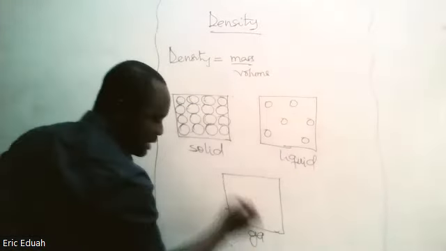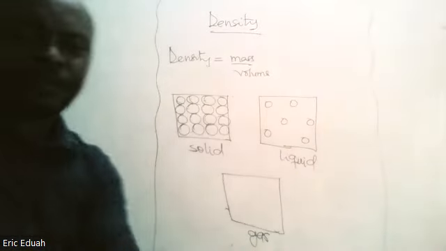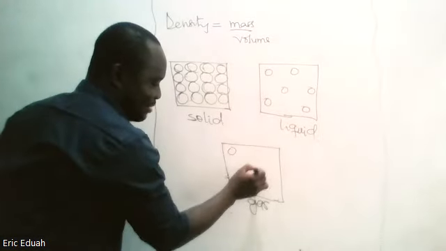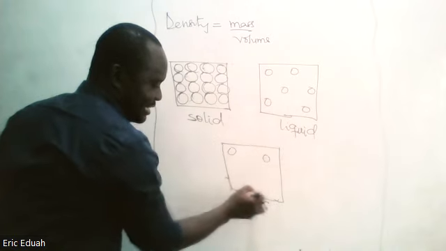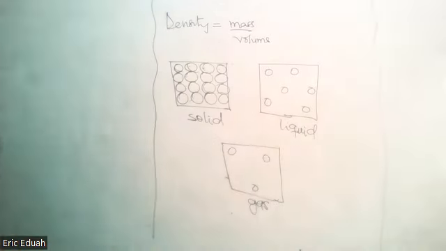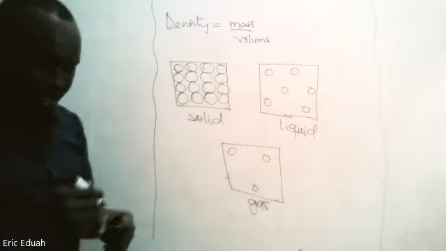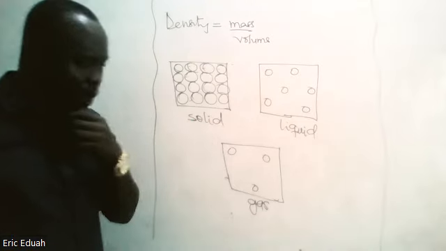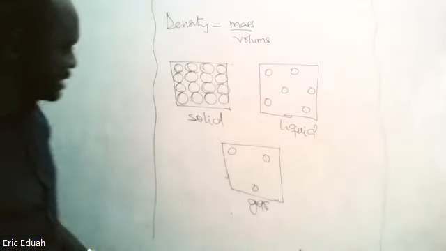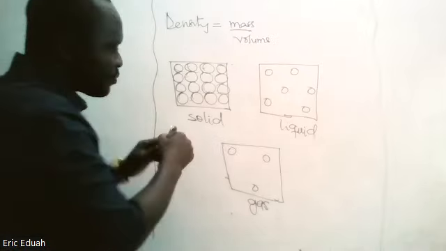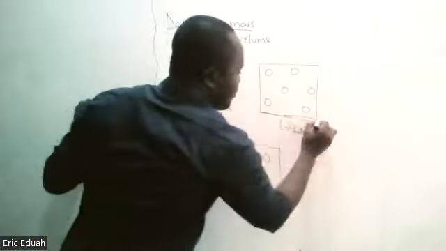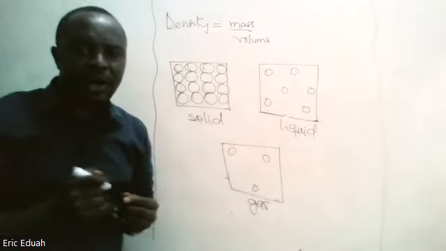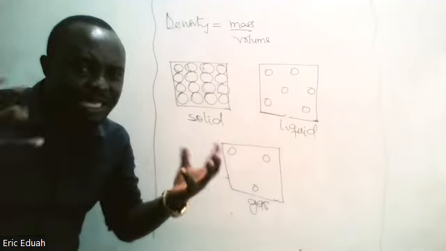As for gas, as if there are almost no particles in the box. This is how you were modeling the three states. All you are trying to say is that if we take a given volume for each of them, solid has more particles within.